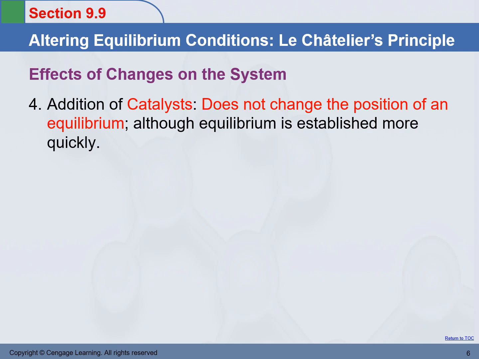So if a reaction system is in equilibrium and you add a catalyst to it, none of the concentrations of the substances in the equilibrium will change. The equilibrium will not shift in either direction. Again, a catalyst does not impact the position of an equilibrium.